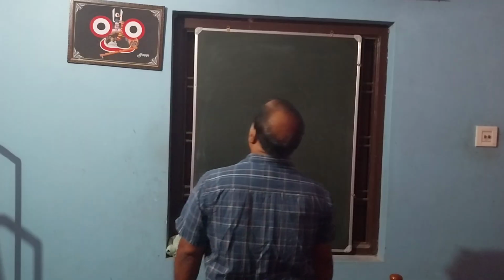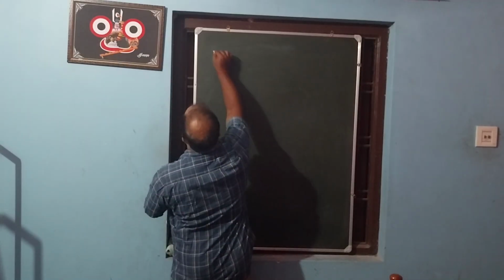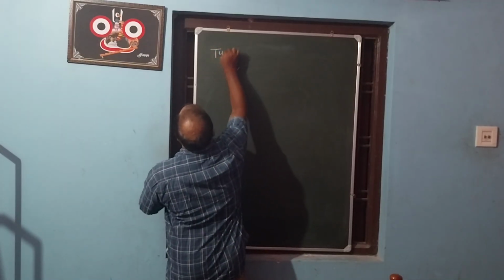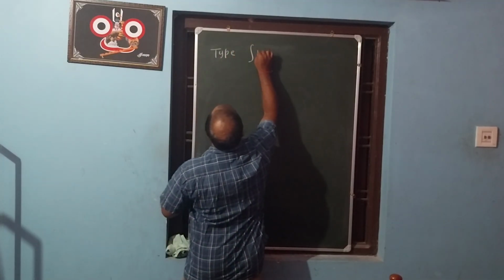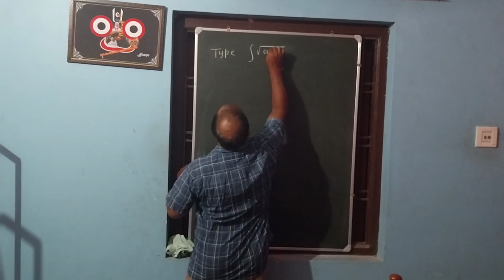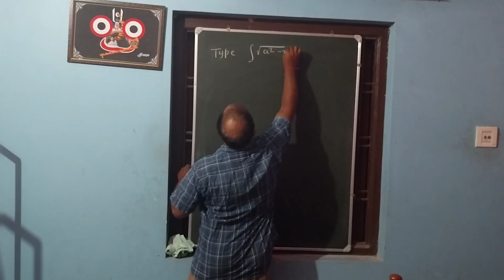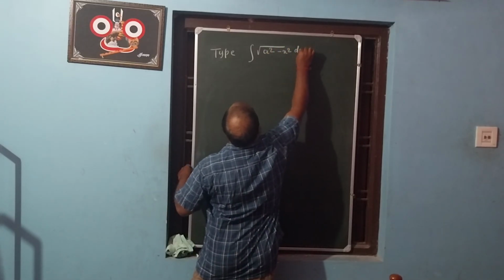Last class I have already discussed some formulas related to integration by parts. Let us start some new formulas related to integration by parts. Write down: integration of root over a square minus x square into dx.